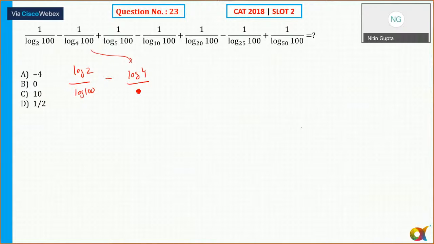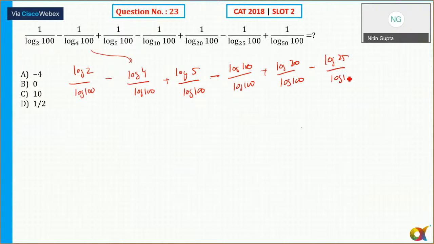So log 4 by log 100, minus log 10 by log 100, plus log 20 by log 100, minus log 35 by log 100. So that is the case.